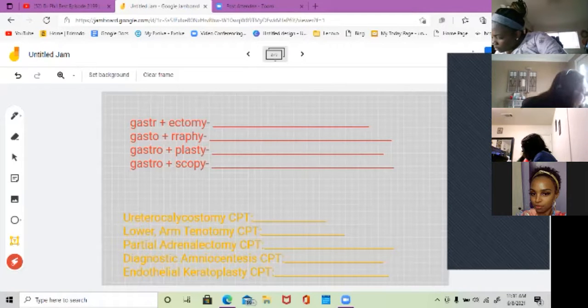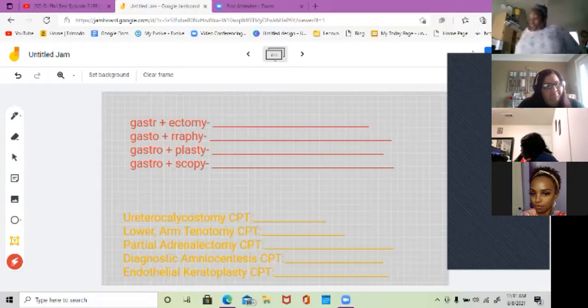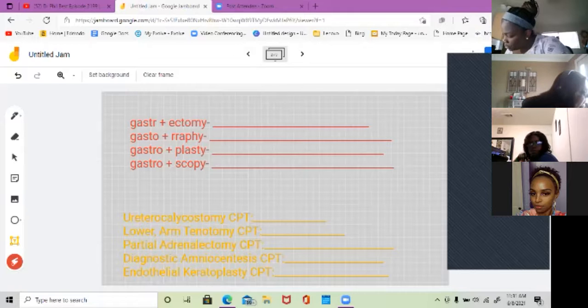So 65730, 65750, 65755, and 65756 are keratoplasty. But that semicolon, that's the words that are going to change behind the semicolon.